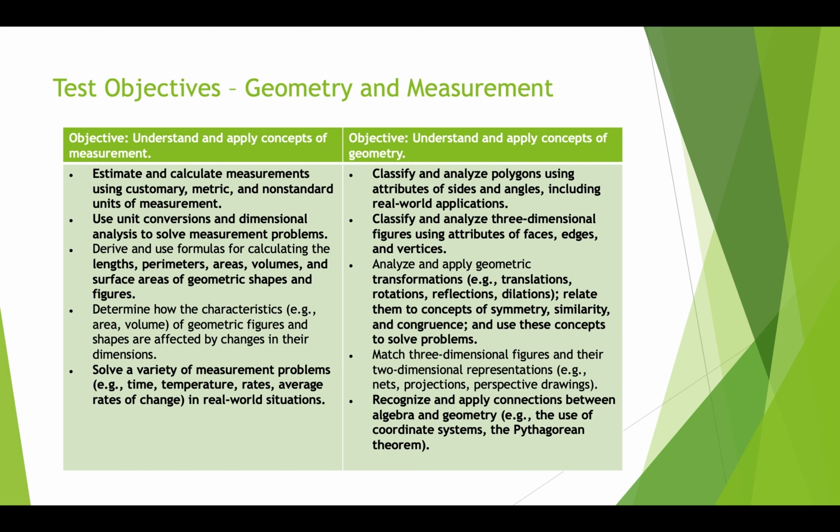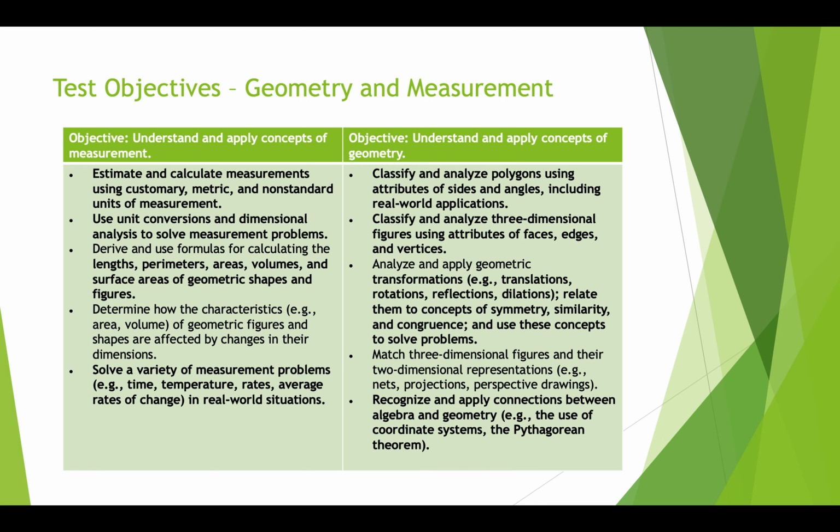The second objective is understand and apply concepts of geometry. So looking at polygons and sides and angles, classifying shapes, and then also applying geometric transformations, so translations, rotations, reflections, and then also recognizing and applying connections between algebra and geometry, so using coordinate systems or the Pythagorean theorem.